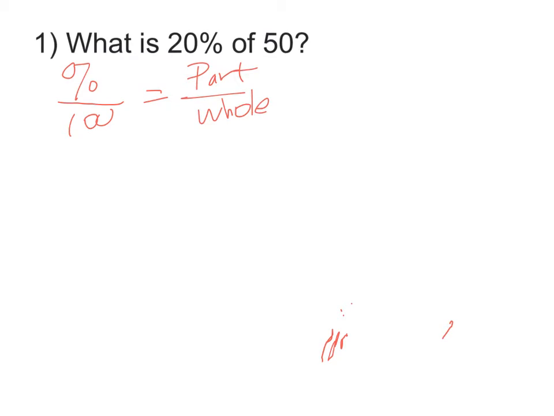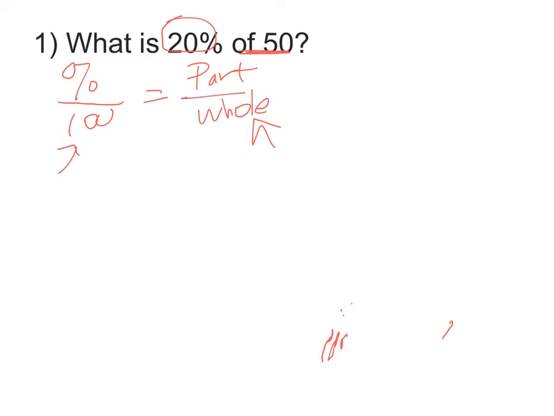The great thing about the UPP is that the 100 never changes. You'll always have this 100 in every problem. The percent is always the easiest piece to find. The percent is quite simply whatever's in front of that percent sign. And then the whole is almost always behind the of.